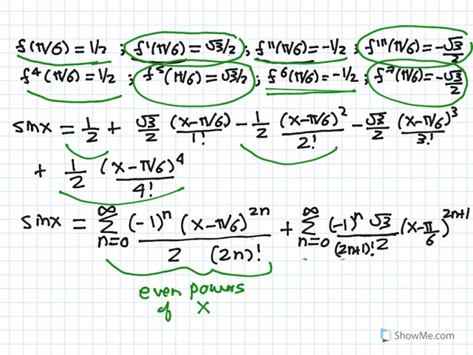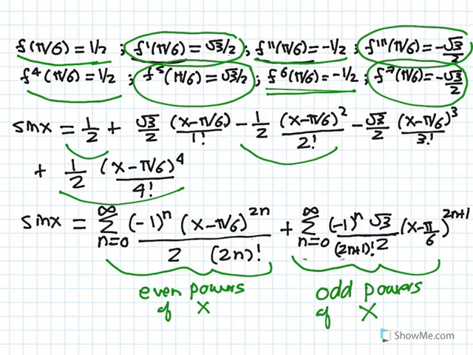And this summation takes care of the odd powers of x. And now we've written the Taylor series of sine x with center pi over 6 as a formula involving even powers of x and odd powers of x.